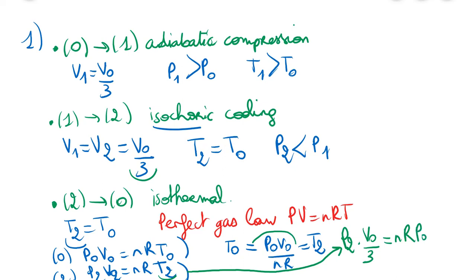So it's going to be P0 V0 over nR. I can simplify nR here and here. I can simplify the V0. And everything that is left is just the 3 and the P0. So finally, I can tell that P2 is equal to 3P0.